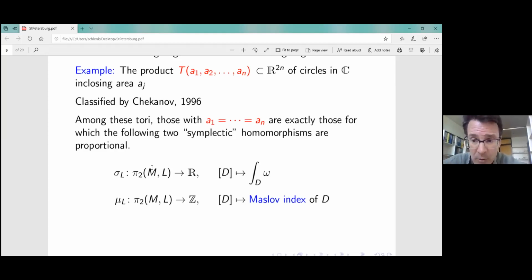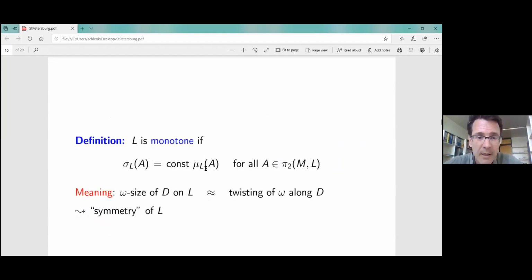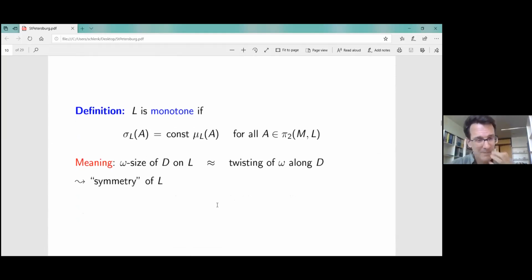It imposes symmetry. We will see examples. So technically, the Lagrangian is monotone if these two classes, the area class and the Maslov class, are globally proportional. The constant does not depend on A, but only on L and M. And it somehow means that there is a harmony between the omega size and the twisting along L. Okay, good.